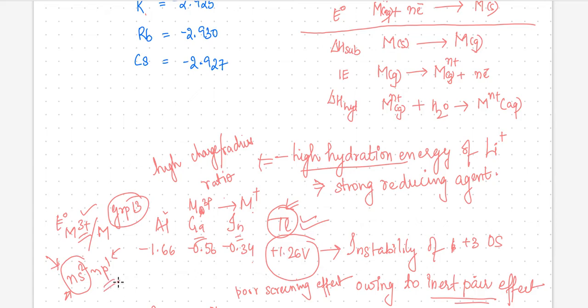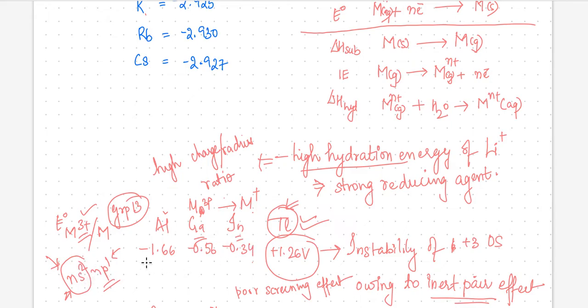The +1 oxidation state becomes more stable as you go down the group, because the d subshells and the f subshells poorly screen the nuclear charge, and as a result the ns electrons are very tightly bound and therefore not very reluctant to undergo any kind of ionization energy.